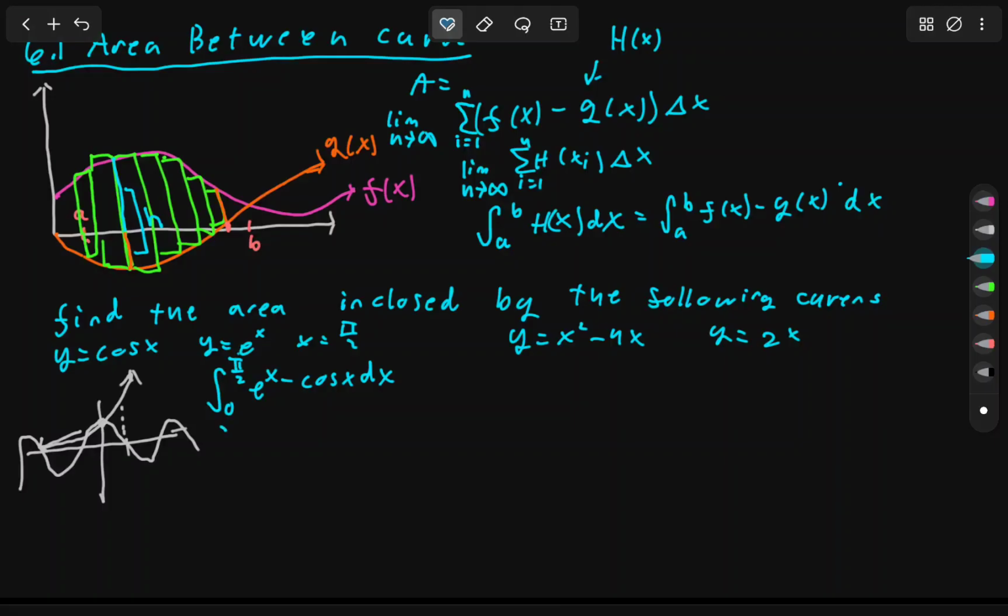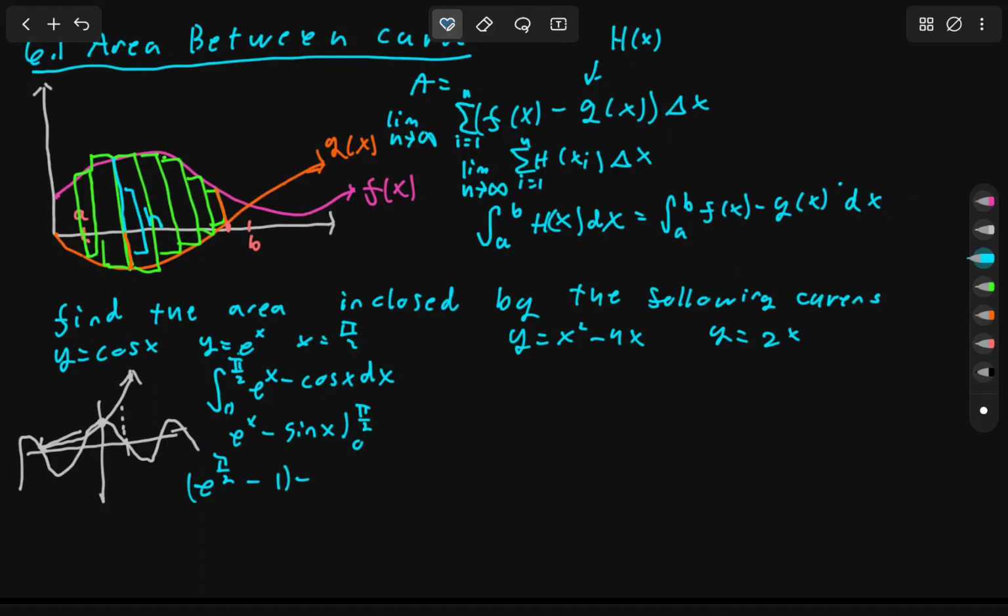Evaluating this integral, let's actually just evaluate this. So we get e to the x minus sine of x evaluated at pi over 2 and 0. Evaluating at pi over 2, we get e to the pi over 2 minus sine of pi over 2. Sine of pi over 2 is actually 1.